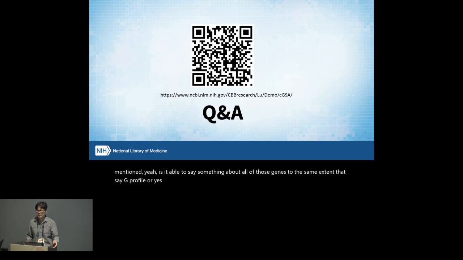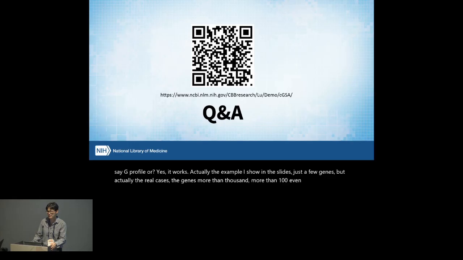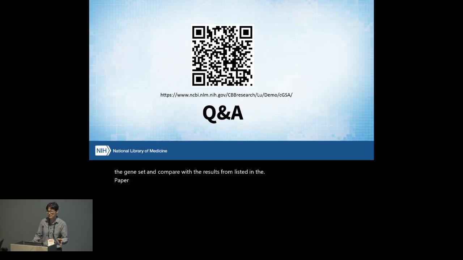Yes, it works. The example I showed in the slides has just a few genes, but in real cases, genes numbering more than 100, even 1,000, is frequent. Even in that case we are able to categorize them, summarize the gene set, and compare with the results listed in the paper, and the results are very consistent.